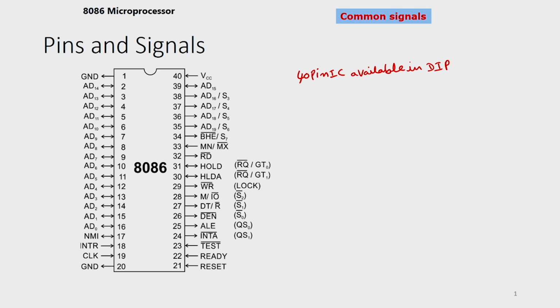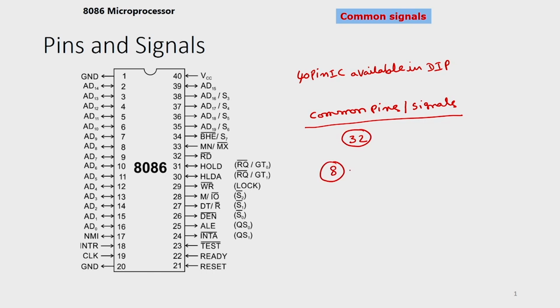So, there are some common pins and signals. There are 32 common, 8 exclusively for minimum mode, and 8 exclusively for maximum mode.